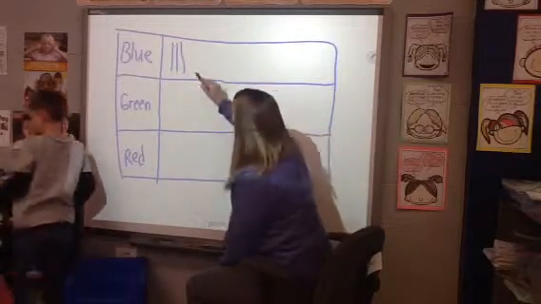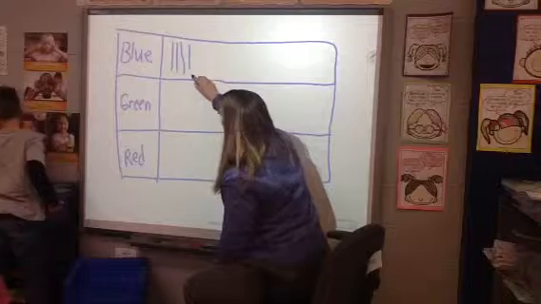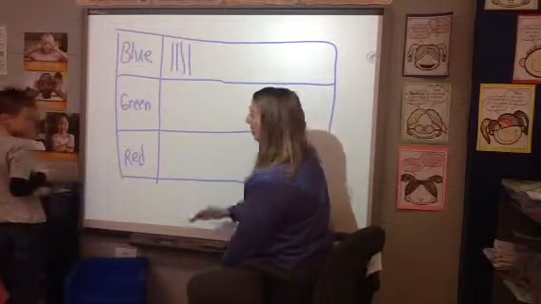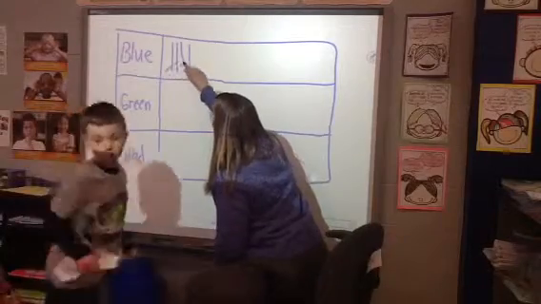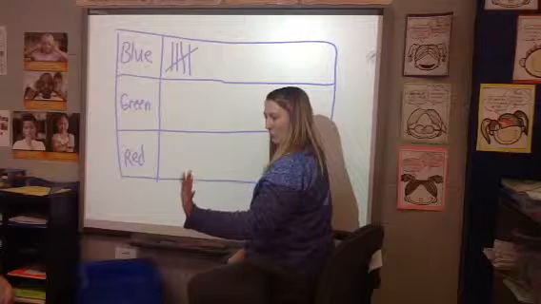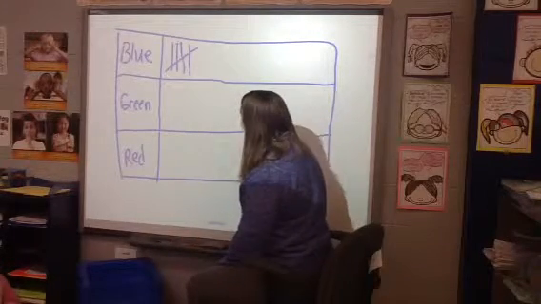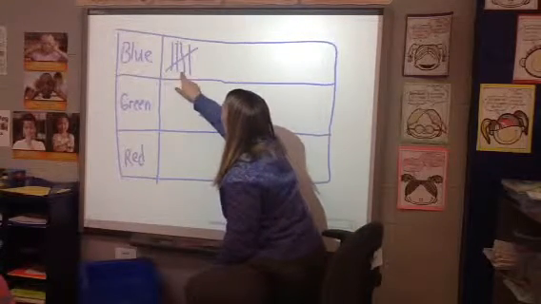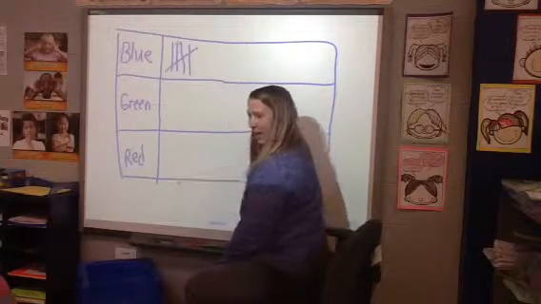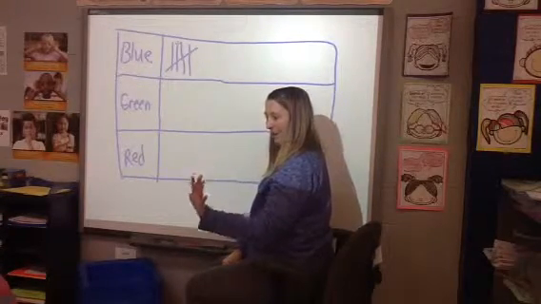Gianna was another friend, so I'm going to do another line. And Marcus, right? Now, here's what I'm going to do. I'm going to draw a diagonal line to show that it's a 5 group. So I'm going to go 1, 2, 3, 4, 5. Because now it makes a 5 group.